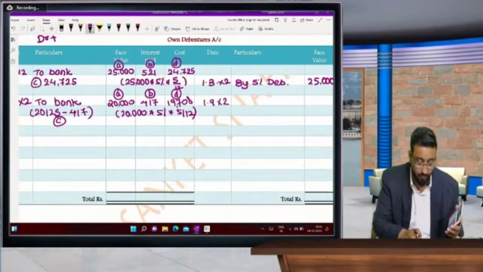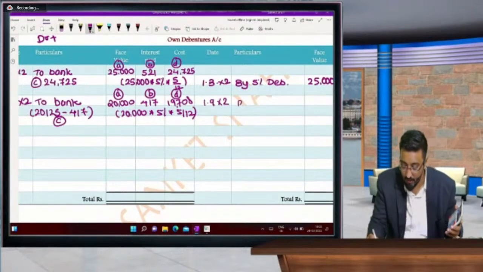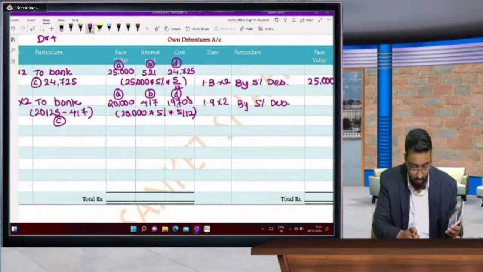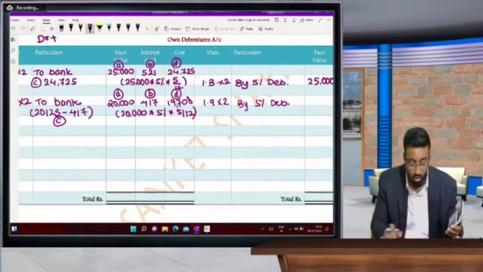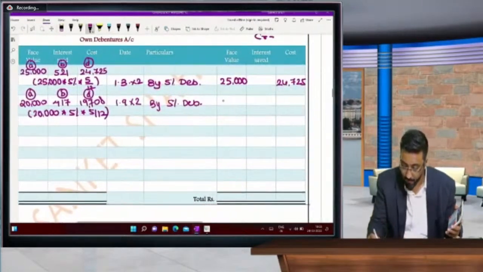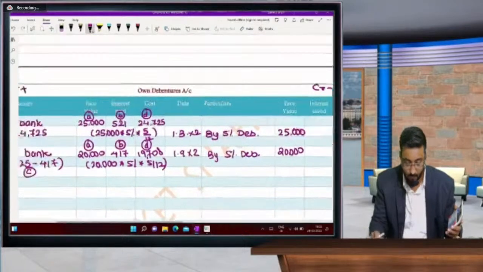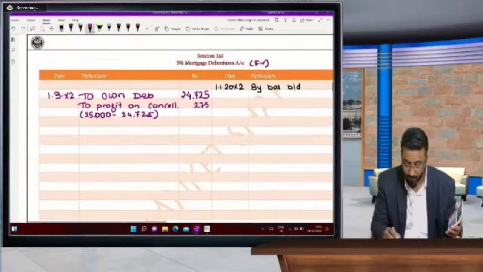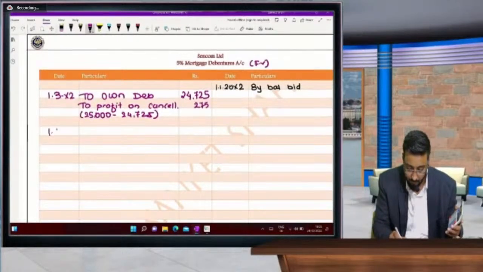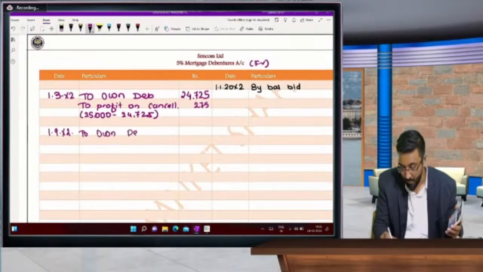Chalo. Now tell me the profit on cancellation. Chalo, chalo, chalo. Own debentures, 19,708.